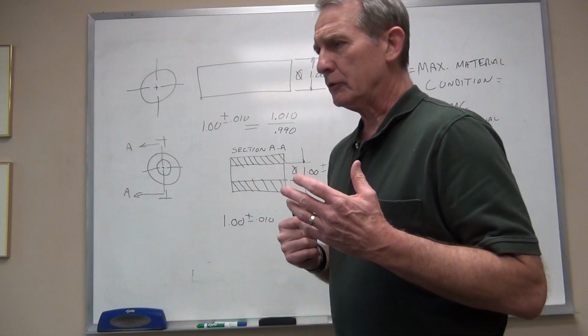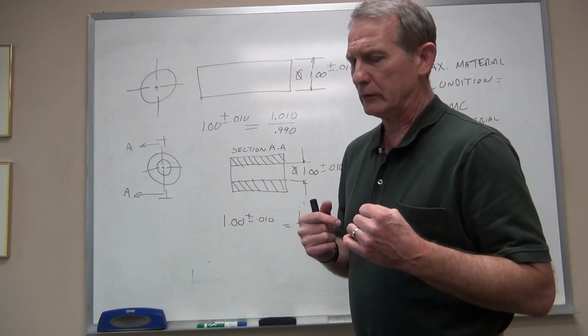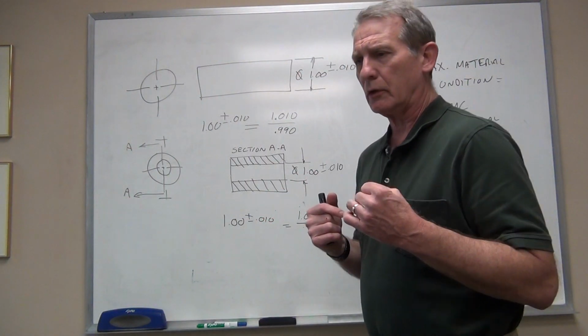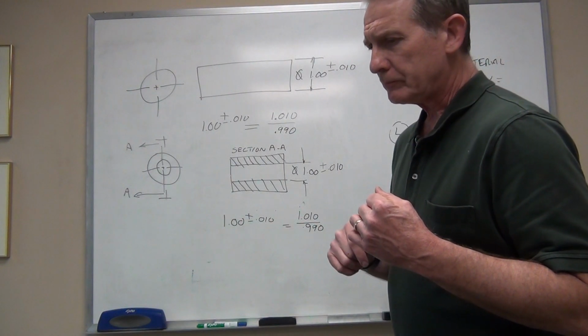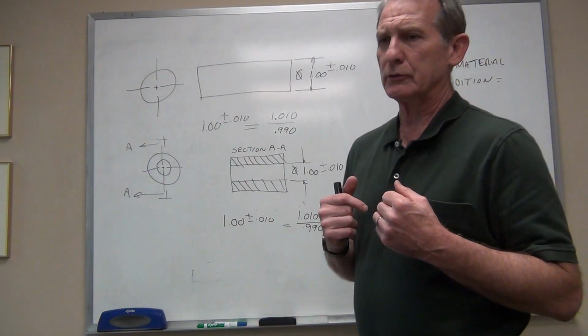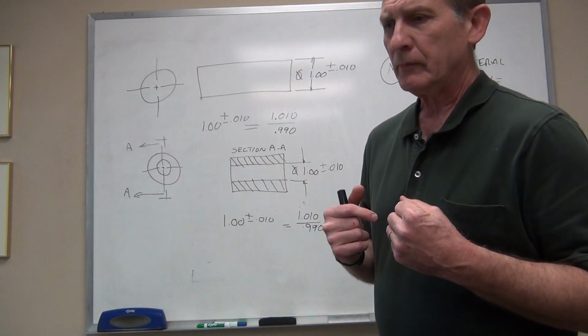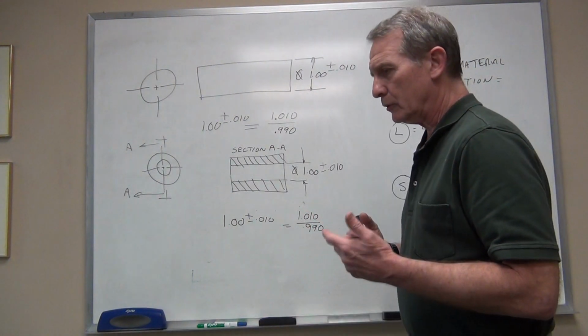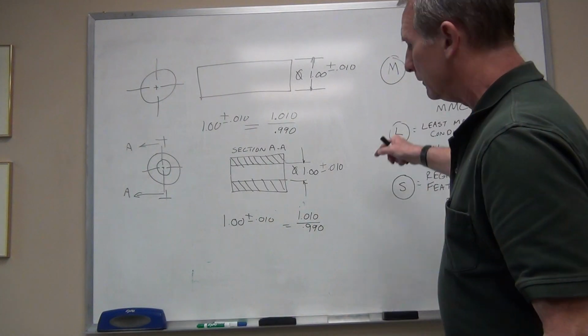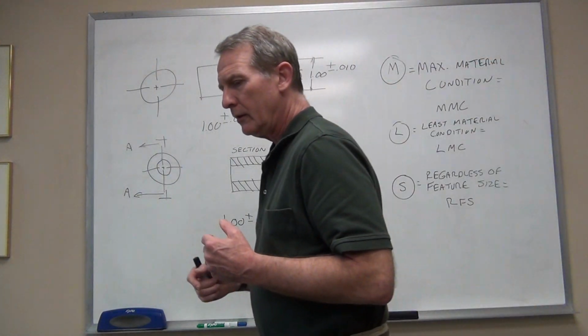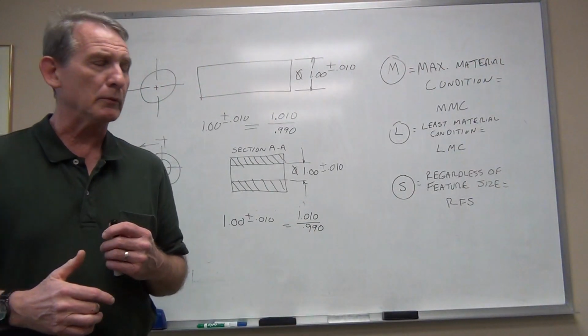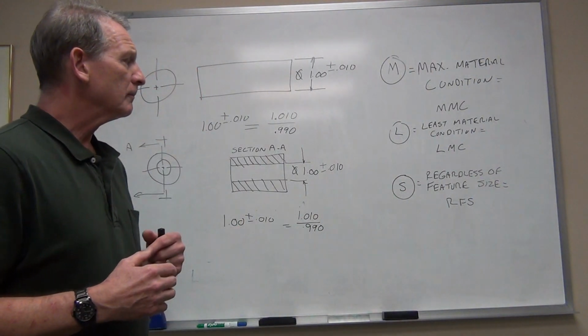So what I'm going to do is step back here on these next couple videos. We're going to talk about material conditions and how they relate to tolerances and to limits. We'll talk about the symbols. We've already talked a little bit about the three symbols that are available to us, or were available to us, now only two.